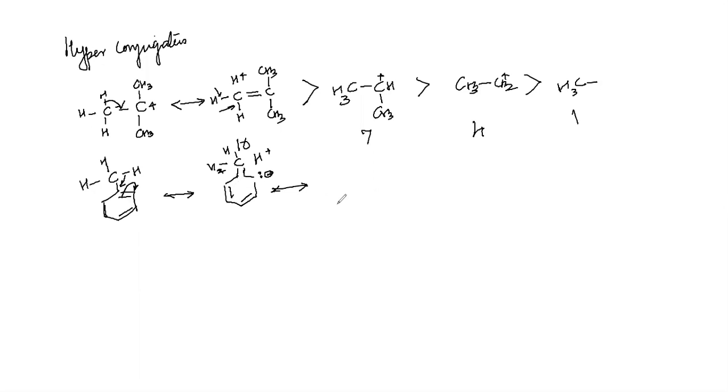So this is one hyperconjugated structure. Similarly, you can have another compound. CH3, CH double bond CH2. Now see here, I write CH2 here. I'll put one CH separate. Now shift this electron to this carbon and contribute it.